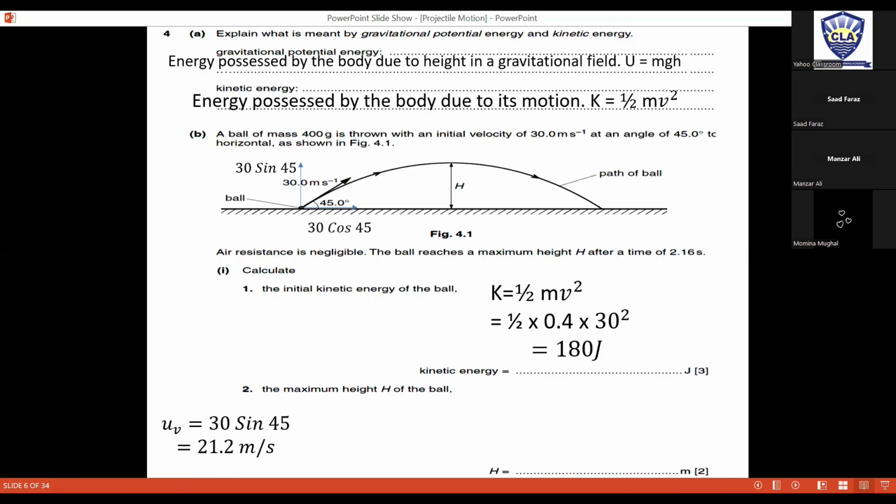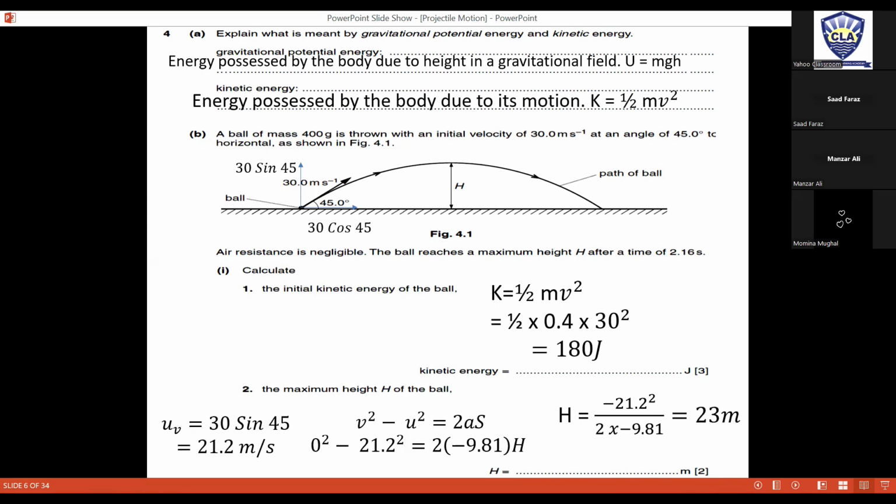For vertical height, we'll be using the vertical initial component. Final velocity will be 0. So we can use v squared minus u squared is equal to 2as. Simplify that and you will get the value of the maximum height reached. It comes out to be 23 meters.